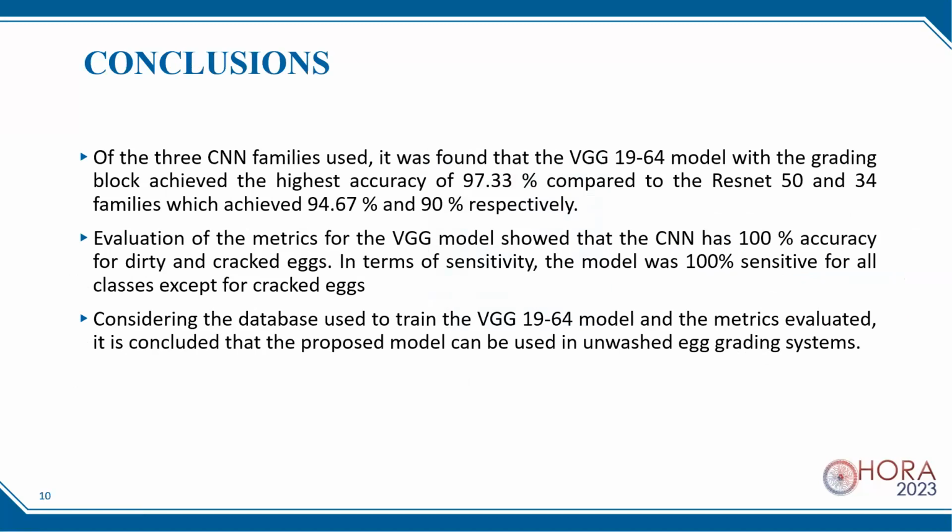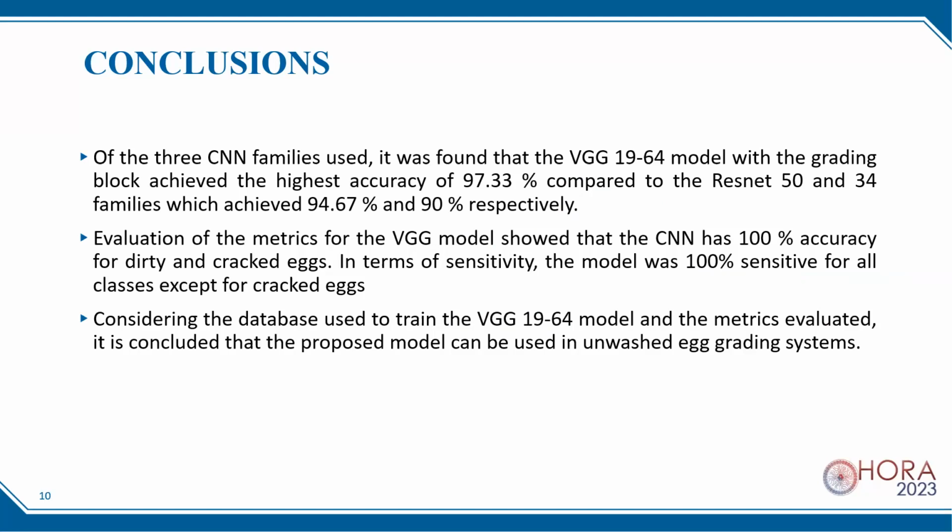Finally, in conclusion, of the three CNN families used, it was found that the VGG19 model with batch size 64 had the highest accuracy compared to the ResNet 50 and the other family. The evaluation of the metrics for the VGG model showed that the CNN had 100% accuracy for dirty and cracked.